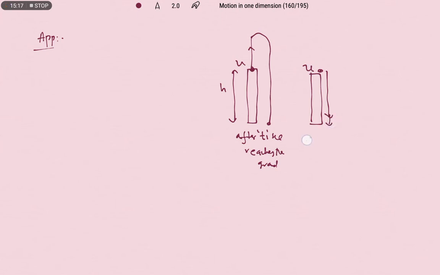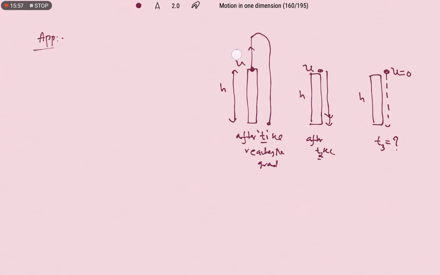It reaches the ground after t2 seconds. Then the third object is freely falling from the same height, u equals 0. Now we are going to find the time taken by the freely falling body in terms of t1 and t2. We are also going to find the time difference on reaching the ground between object 1 and object 2.